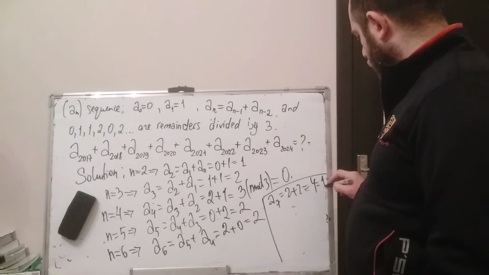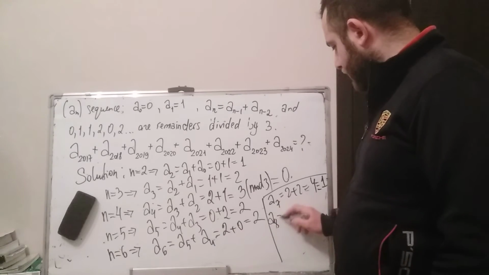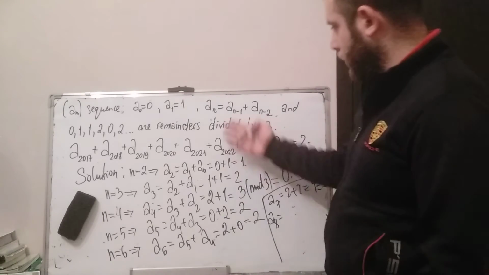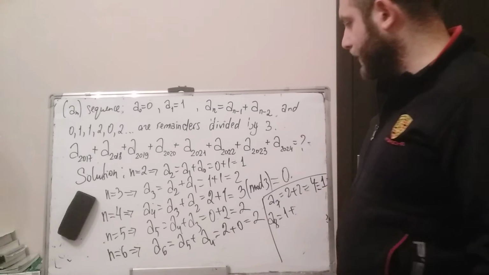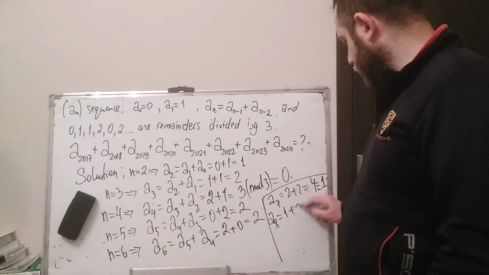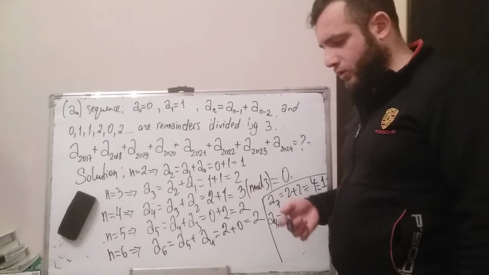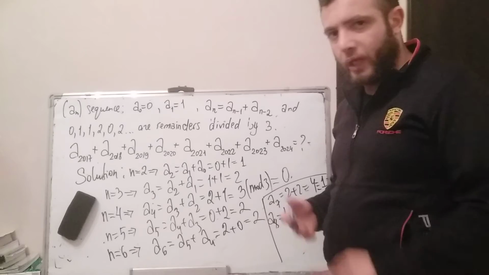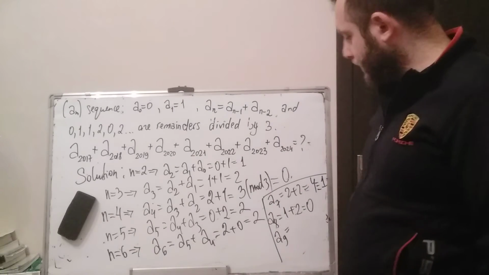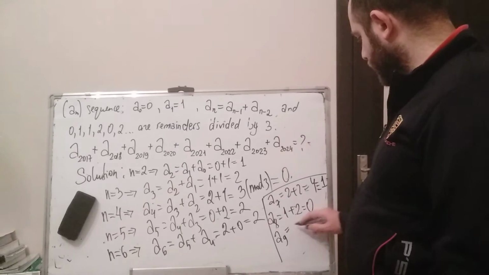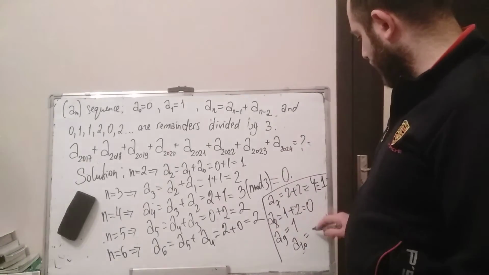So a sub 7 is 1. a sub 8 will be a7 plus a6 according to the general formula. 7 is 1, 6 is 2, 1 plus 2 is 3, so 3 means 0, because it is divided by 3 without any remainder. a9 is 8 plus 7, which is 1, because 0 plus 1, and a10 will be 9 plus 8, which will be 1.